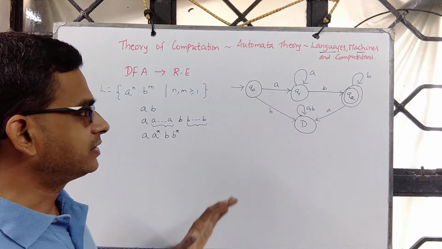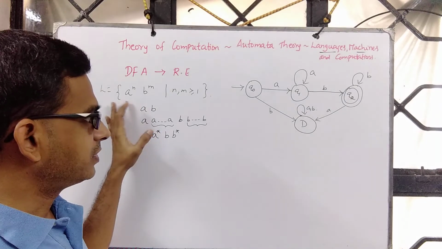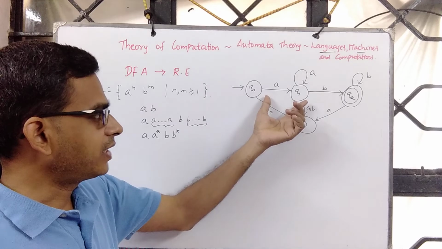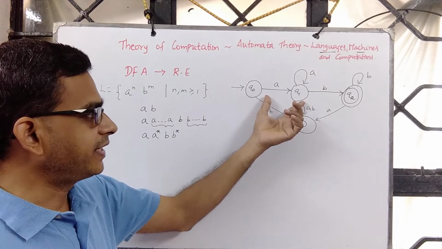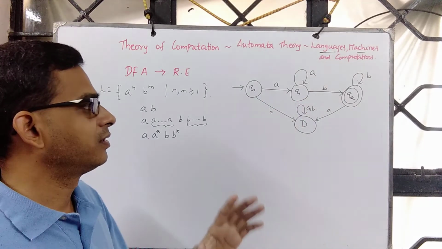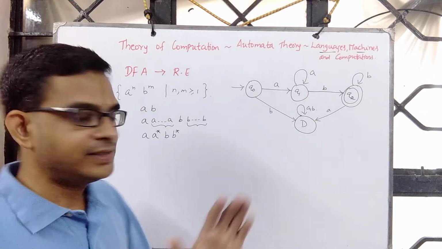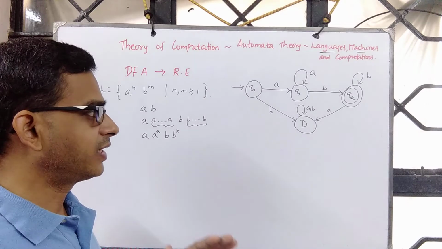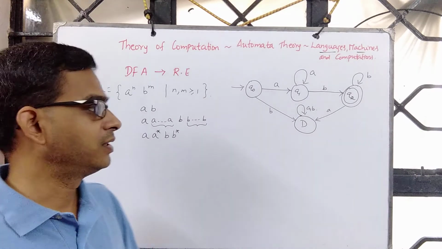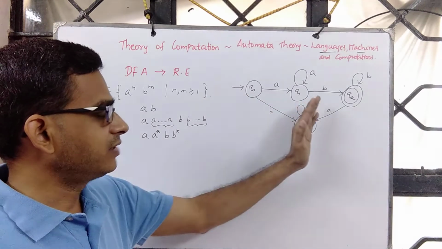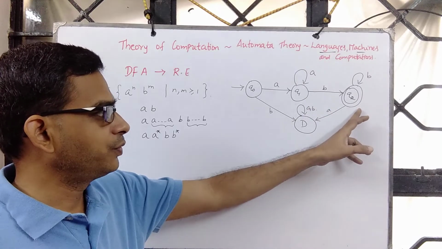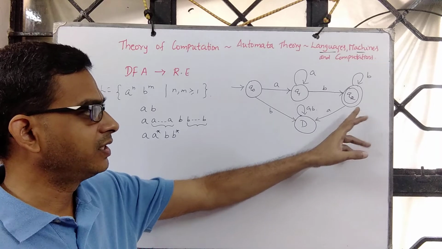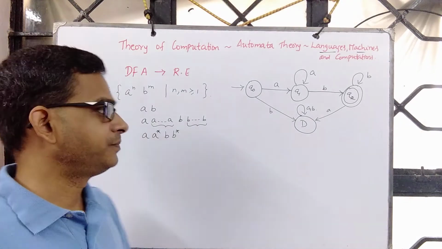So in some sense, given a string from this language, we look at what substring can be generated until Q1. And like that, for each state, we analyze what regular expression one can accept at that state. And we use that information, and finally when we go to the final state, we analyze what is the regular expression at this state. That would be our final answer.